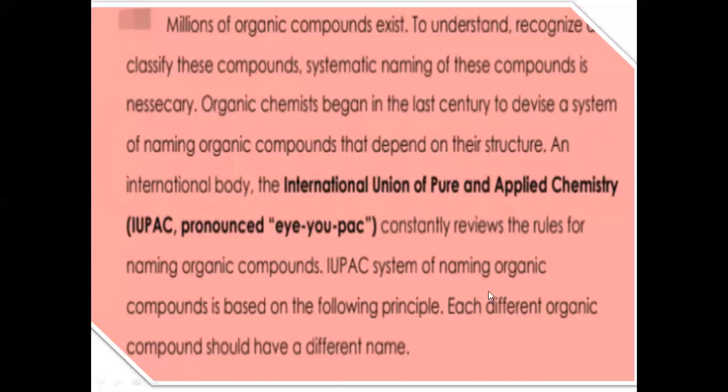So the IUPAC system of naming organic compounds is based on some principles and some rules. Each different organic compound should have a different name. Compounds with different names but the same functional group are present in the same family. For example, all alcohols have the OH functional group, but their names vary on the basis of the number of carbon atoms.